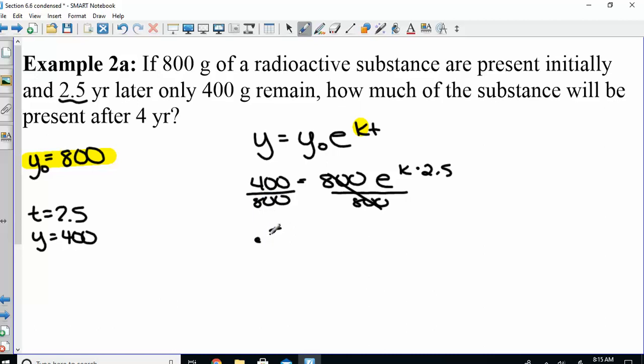So that's 0.5 equals e to the 2.5 K power. Then what would you do? We can't get a common base, so we add the natural log. Since it's an e, we use that ln.